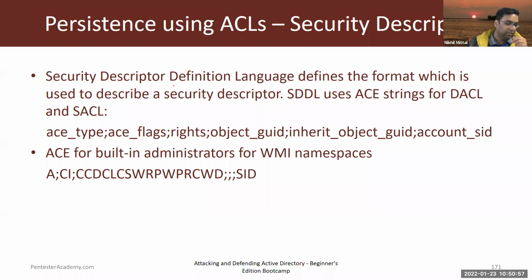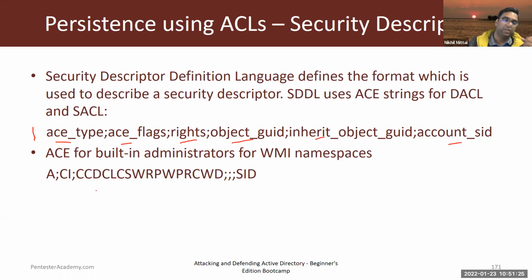Now, these securables have security descriptors written in SDDL, Security Descriptor Definition Language. SDDL defines the format that we can use to describe a security descriptor. So this is, for example, how an ACE looks like. There would be an ACE type, any flags, rights, object GUID, inherit object GUID, and account SID.